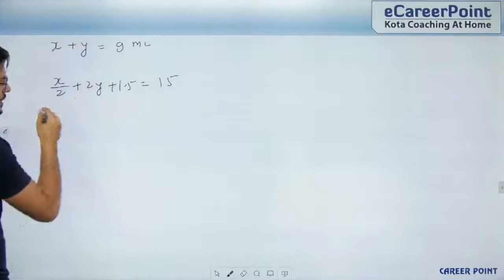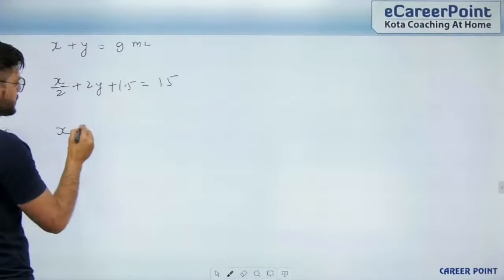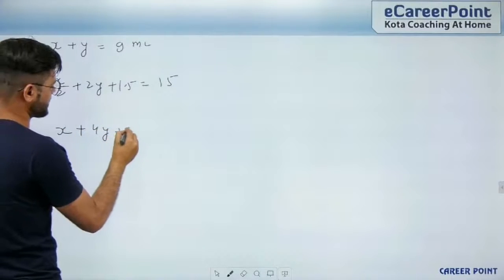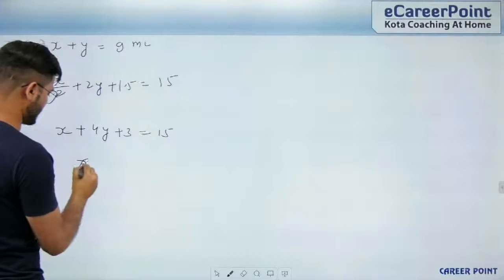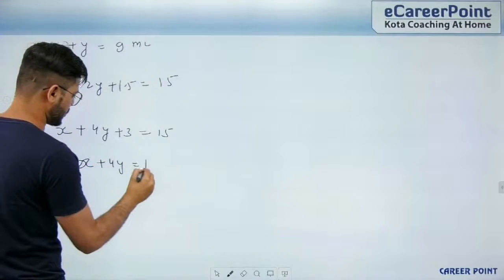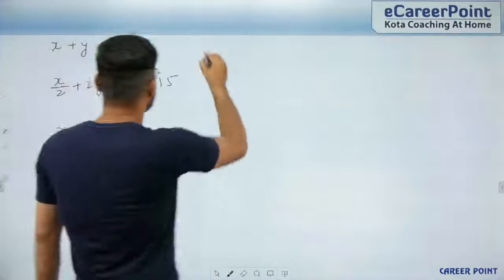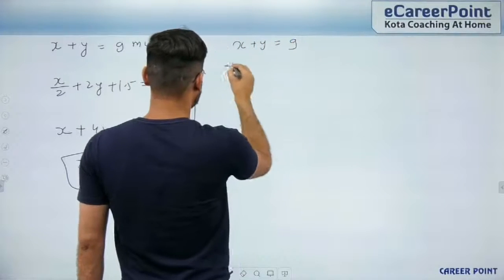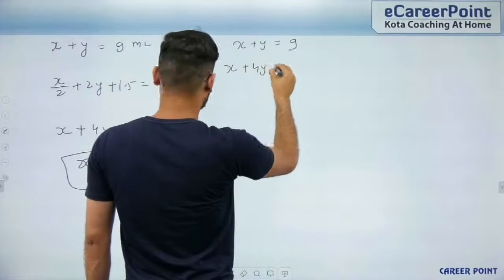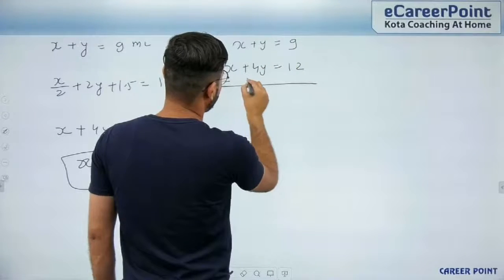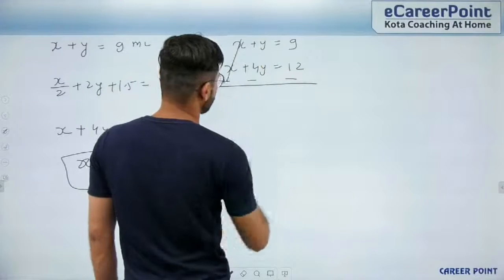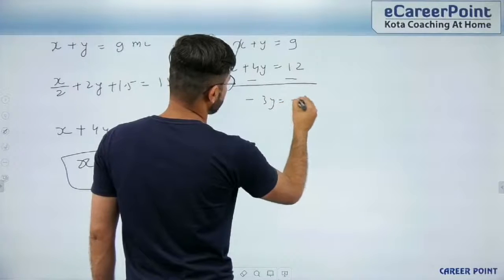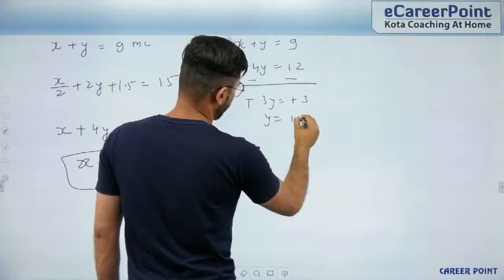Now just do the simplification of these equations. So X plus 4Y equal to 12. Now X plus Y equal to 9, X plus 4Y equal to 12. Minus, minus, minus, it is going to be cancelled out. Minus 3Y, minus 3, so Y equal to 1 ml.